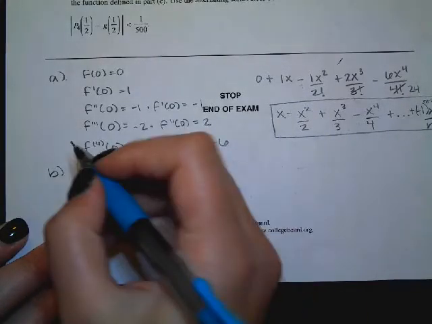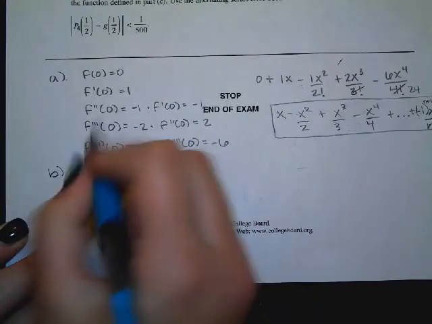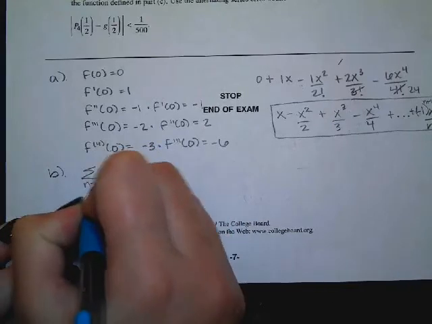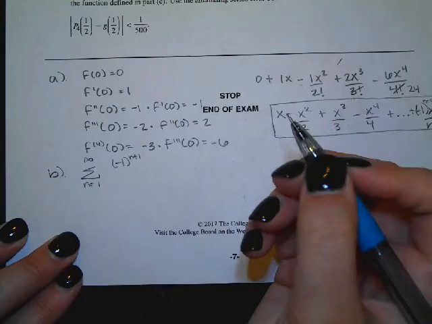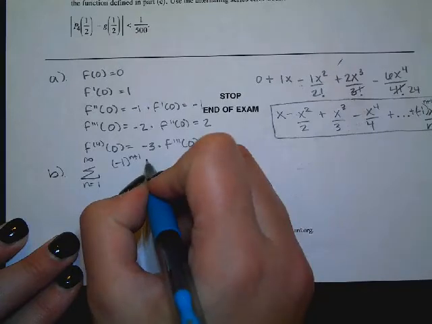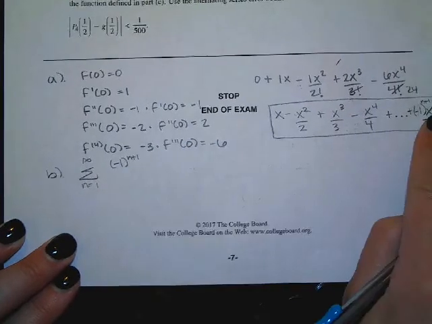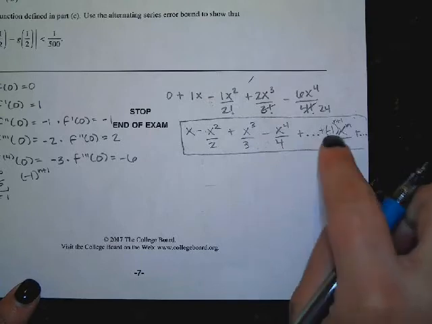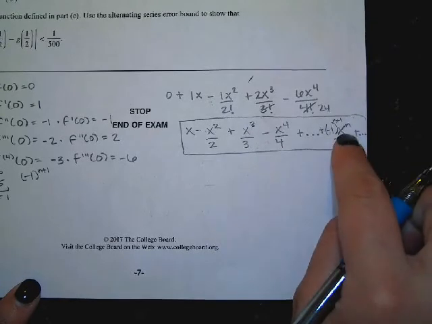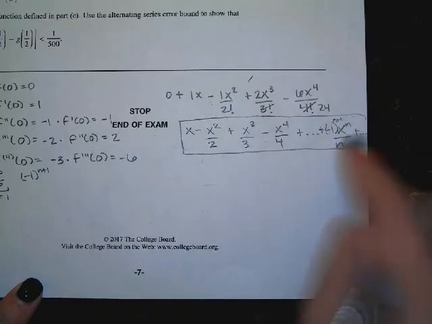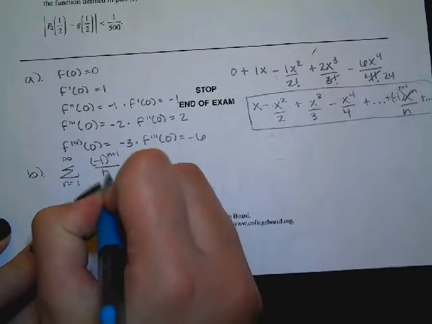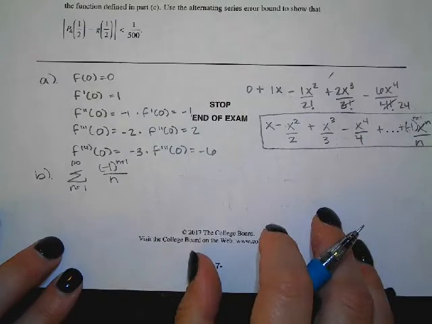And so I'm going to go ahead, I'm just going to write this down so I can work with it. And it says for x equals 1, so if I plug in 1 for x, I've got -1 to the n plus 1 times 1 to the n. 1 to the n I don't really need to include. And then I have the n on the bottom.